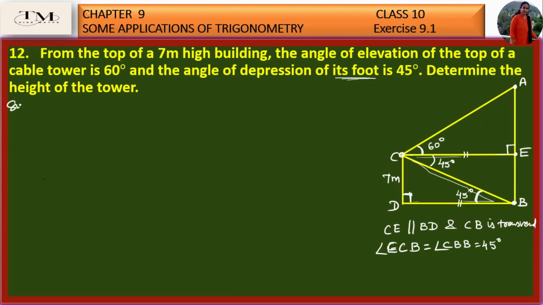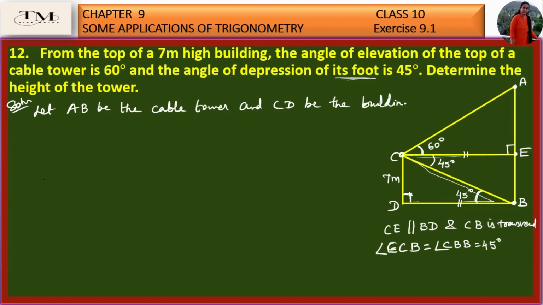Now let us assume that let AB be the cable tower and CD be the building. Now what is given? Building height is 7 meter. So CD is equal to 7 meter. Then angle of elevation is angle ACE.